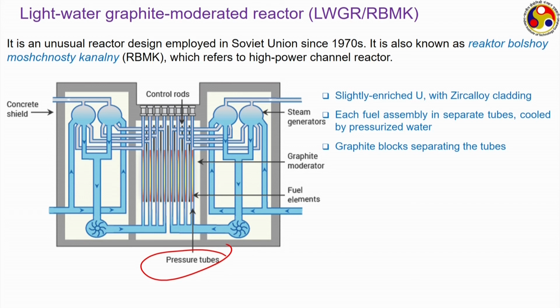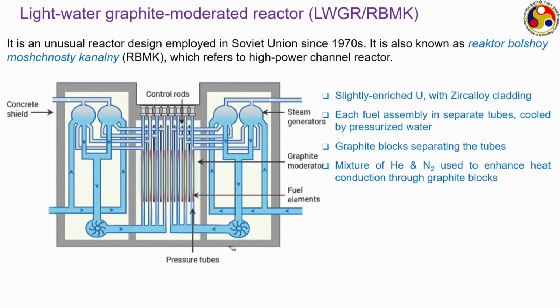Graphite is the moderator, so graphite blocks are used to form a kind of structure within which these fuel assemblies are placed in tubes. Also, conventionally a mixture of helium and nitrogen gas is used to enhance the heat conduction through the graphite blocks. This RBMK design is unique in several senses, because this is the only reactor design which uses graphite and water together, which itself can be a difficult combination to handle.